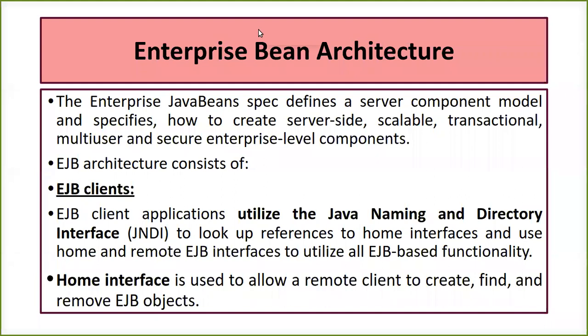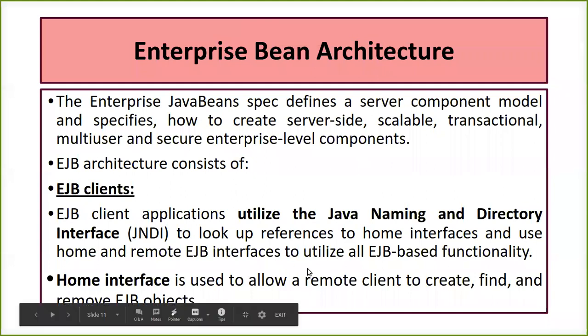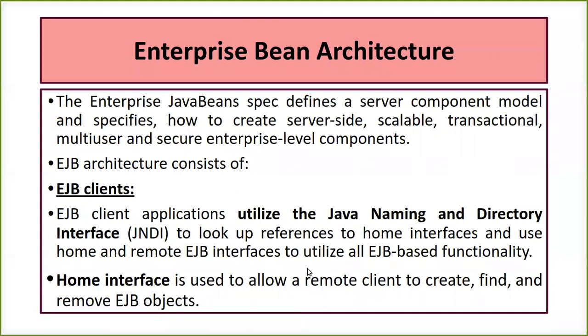The client is going to access the data from the application only with the help of the Java Naming and Directory Interface. Then it has two things which it can use for referring to the data when using JNDI: home interfaces and remote interfaces.